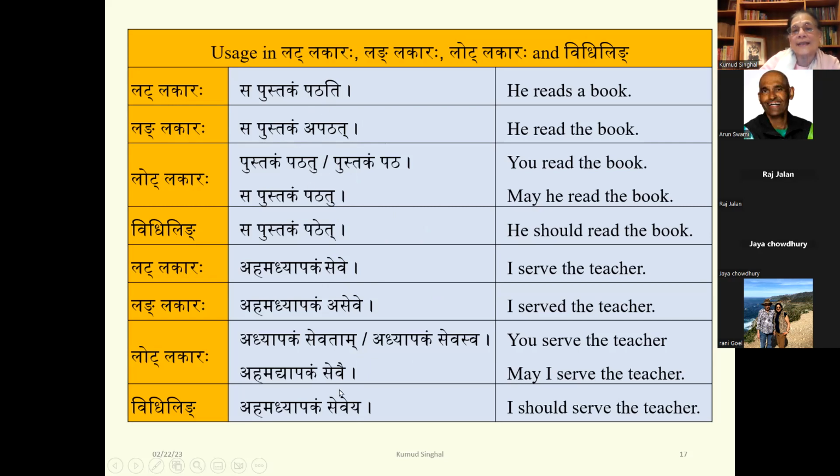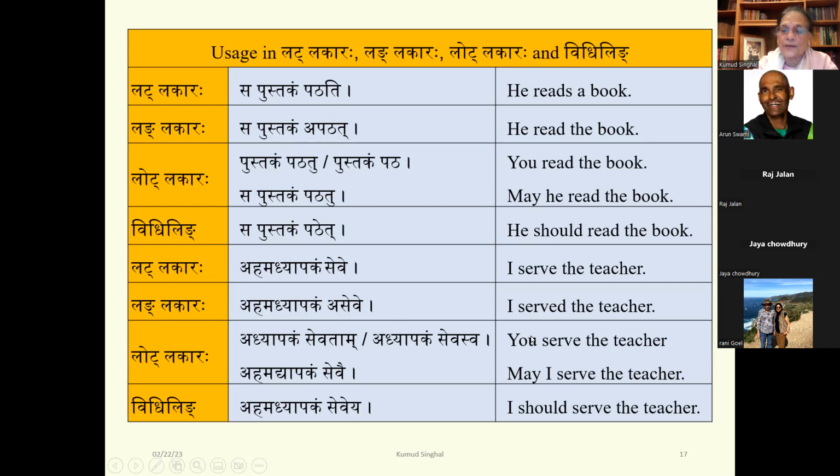For starters, if you know these lat lakara forms, apathat, pathati, pathataha, pathanti, pathasi, it's a good starting point. Otherwise there are just too many.